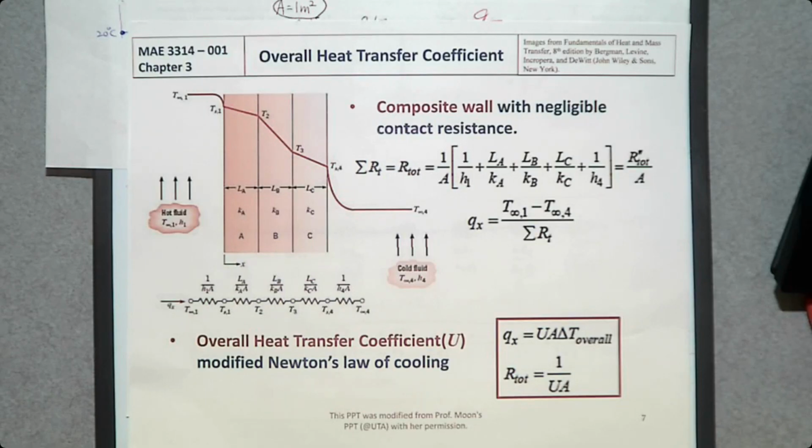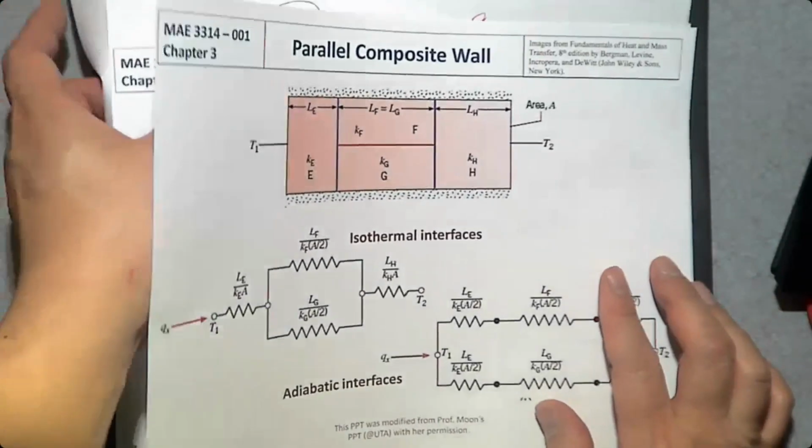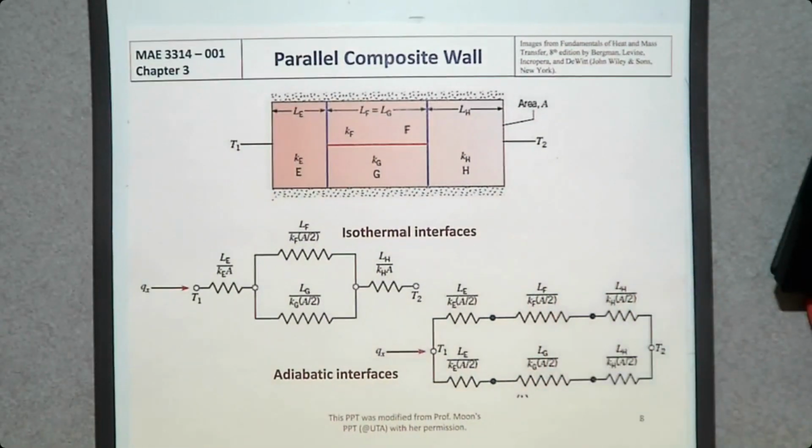Instead of R, they prefer to use U, which is the inverse of R. So don't get confused when you hear overall heat transfer coefficient, which is the inverse of thermal resistance. Okay? So this is the answer to your question.